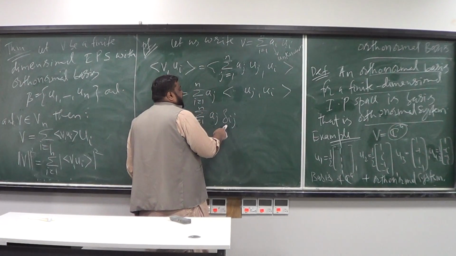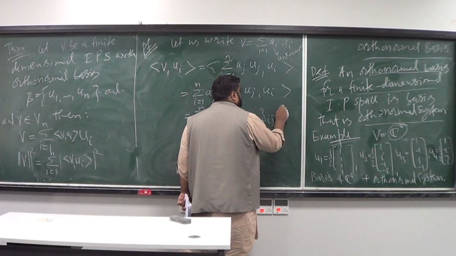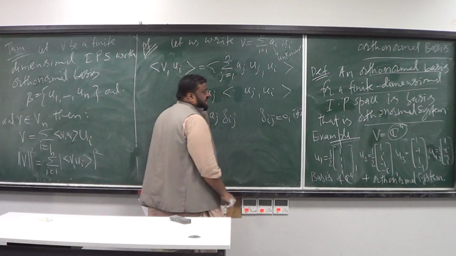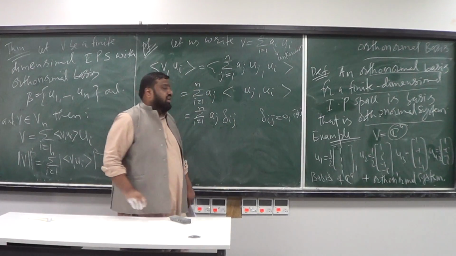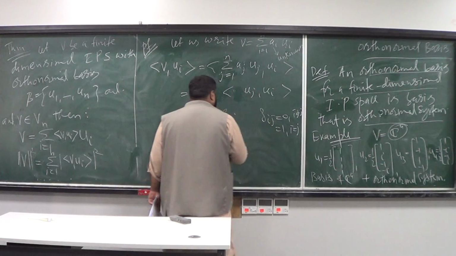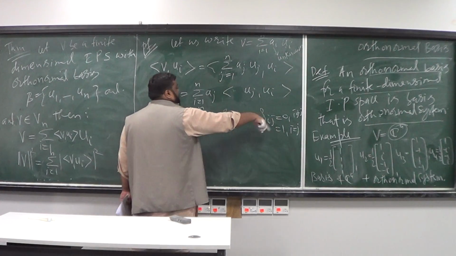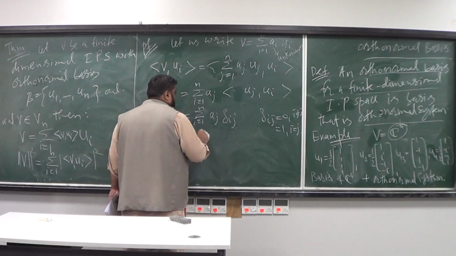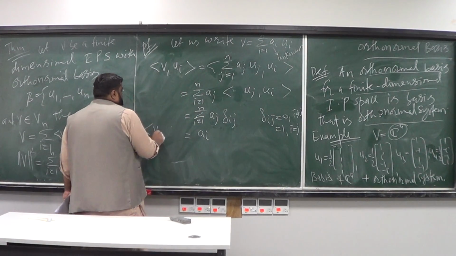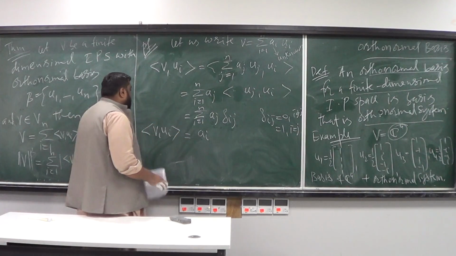We know that all of these delta_ij's are 0 when i is different from j, and it's equal to 1 when i is equal to j. So after expanding and using this definition, this would be equal to a_i. And hence we showed that our unknown a_i's are now known.